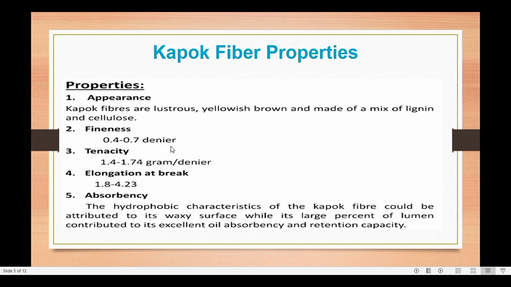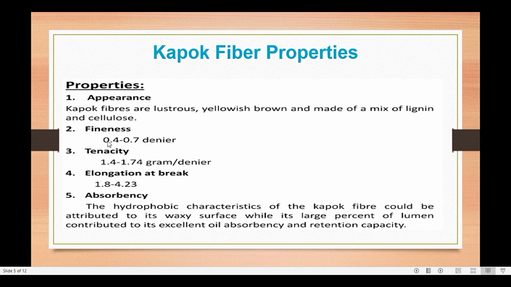Next, we will discuss the kapok fiber properties. First is appearance. Kapok fibers are lustrous, yellowish brown, and made of a mix of lignin and cellulose. The second is fineness.